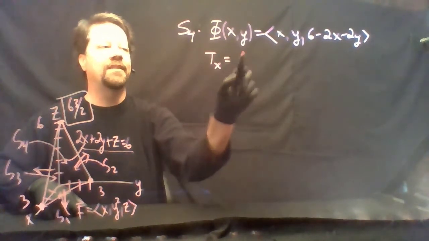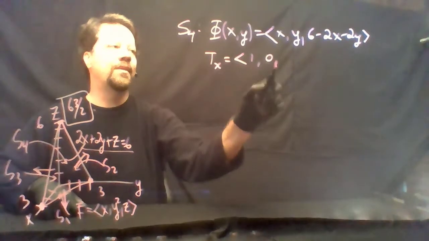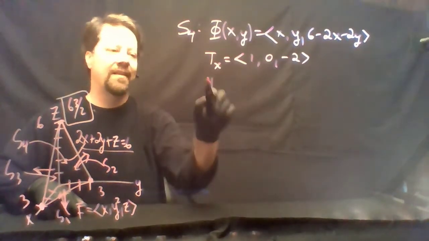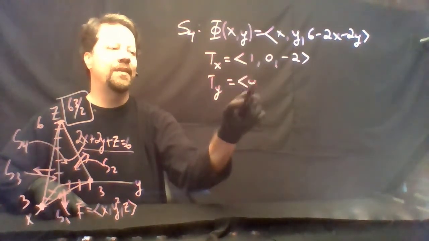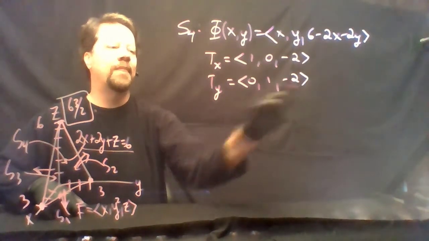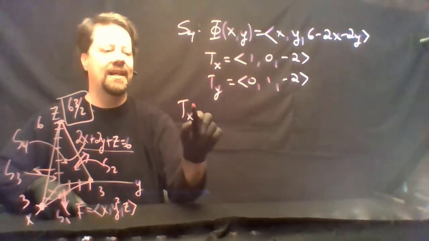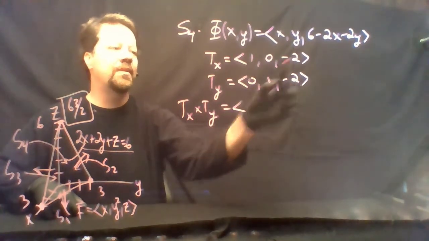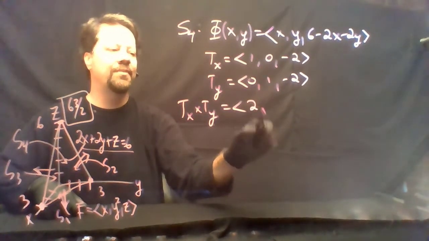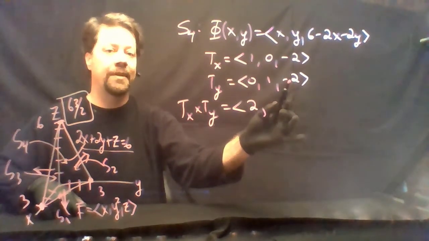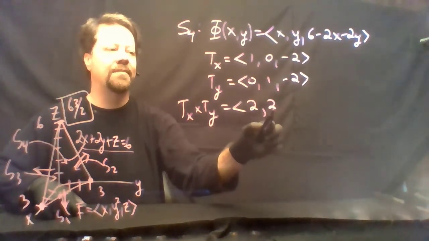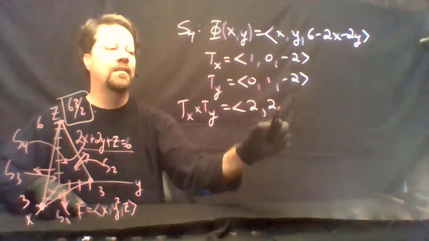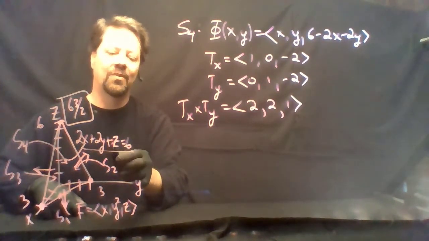The tangent vector tx will be 1, 0, minus 2. Ty will be 0, 1, minus 2. Tx cross ty will be 0 minus negative 2, negative 2, but don't forget the minus on the middle cofactor, making that positive, and then 1. Check it out: 2, 2, 1.